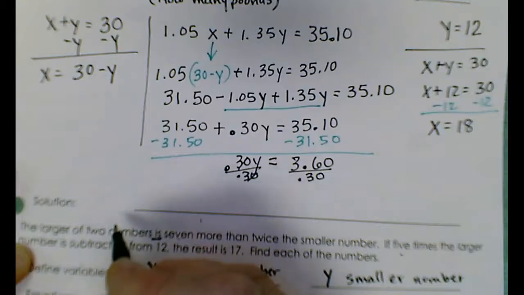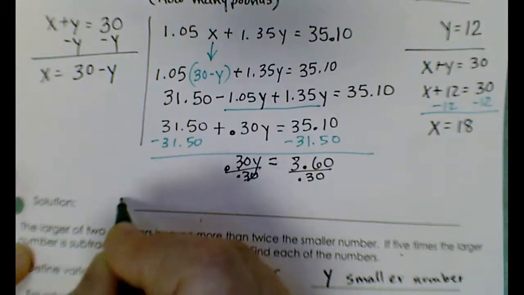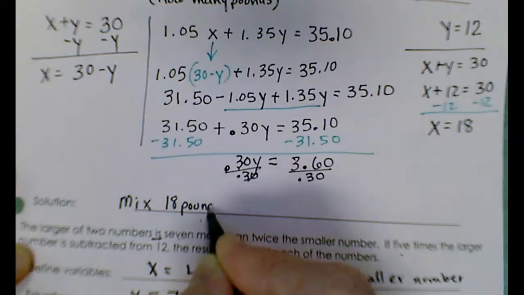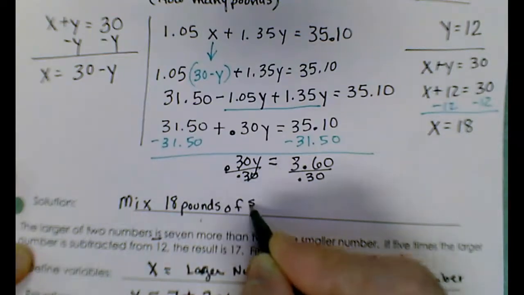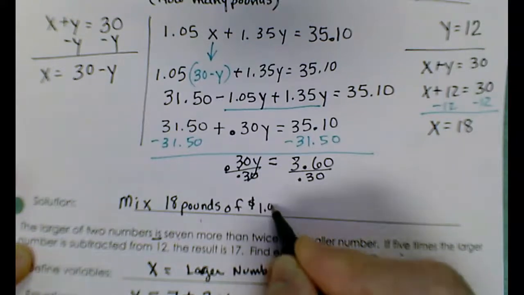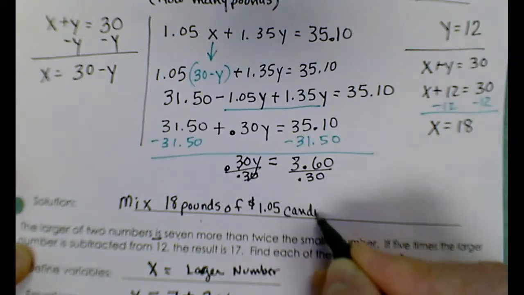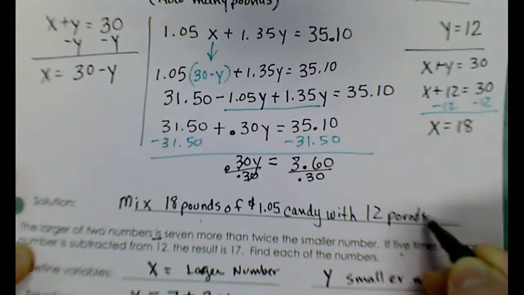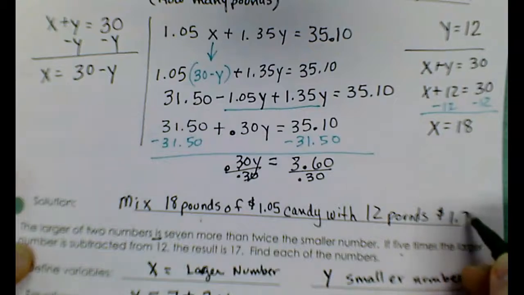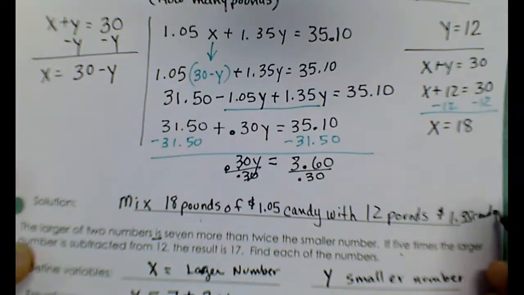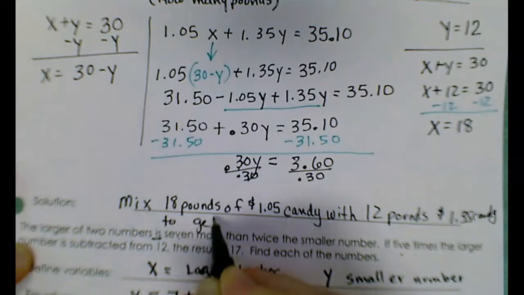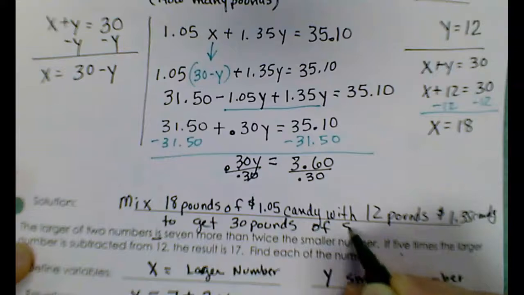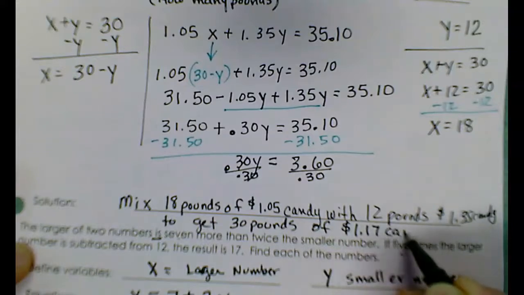So, we would need to mix 18 pounds of $1.05 candy with 12 pounds of $1.35 candy to get 30 pounds of $1.17 candy.